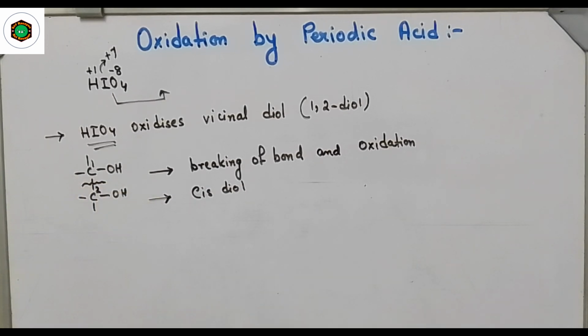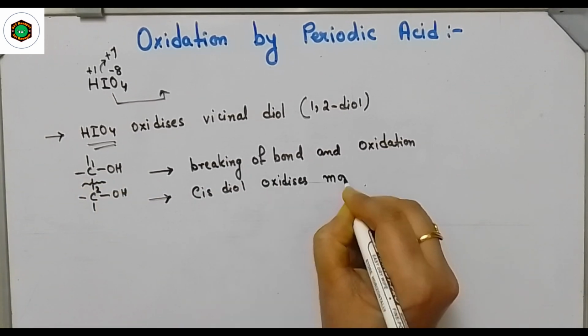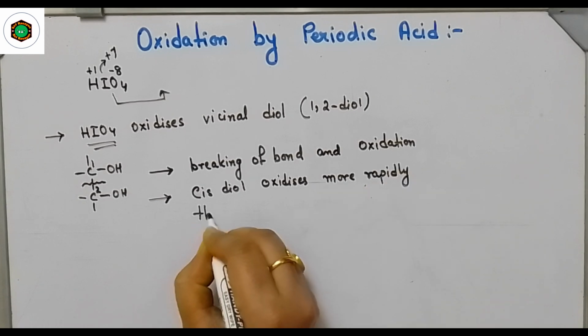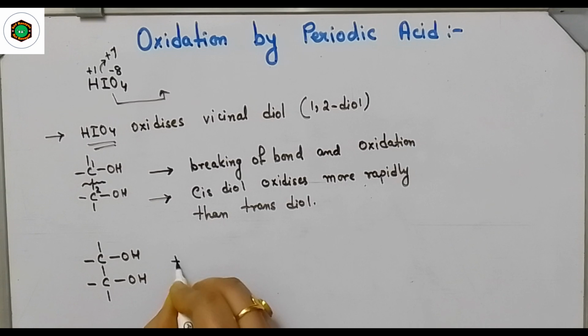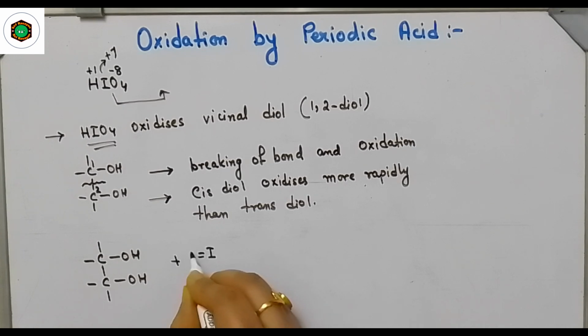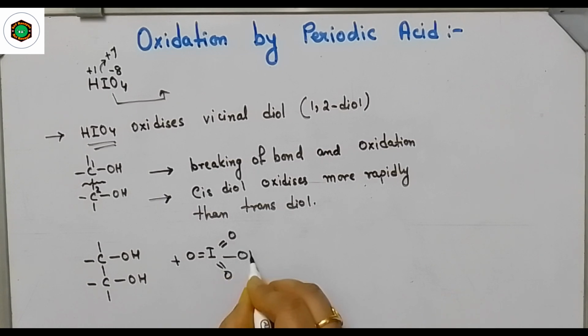Another point you have to remember, cis diol, meaning OH groups are at the same side as it is here, oxidizes more rapidly than trans diol. Why is it like that? Then you should know a little bit about the mechanism. Mechanism is not that much important, but actually what is happening here? This is vicinal diol, plus we are treating it with periodic acid. This is the structure of periodic acid. So during the reaction, what will happen?